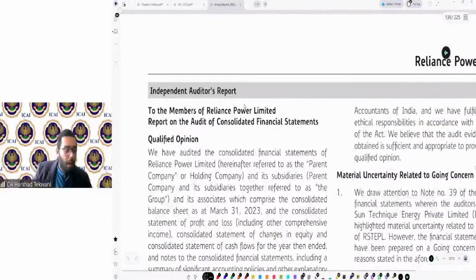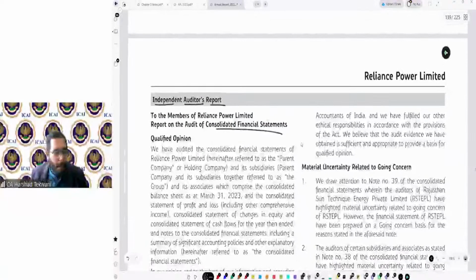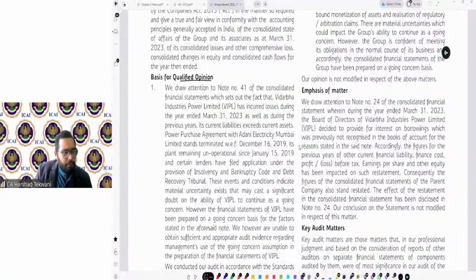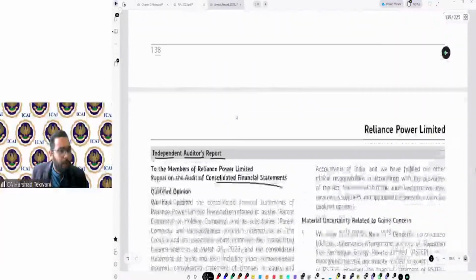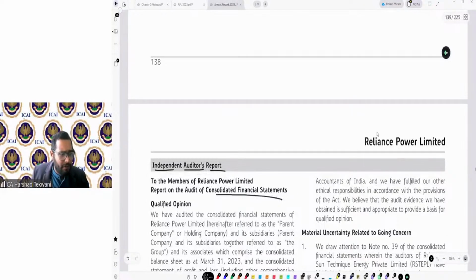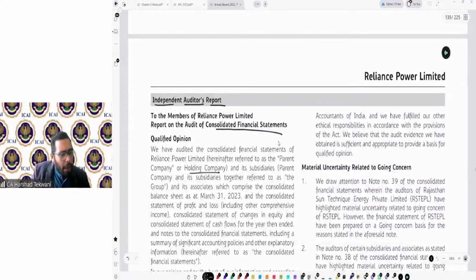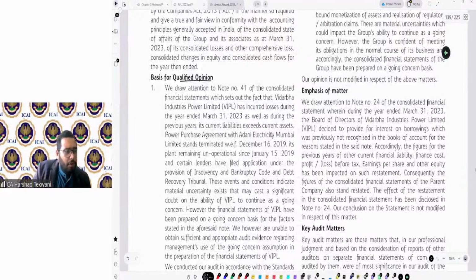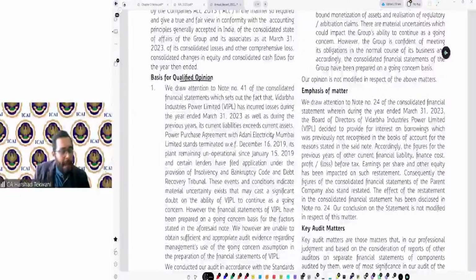Over here, this is the independent audit report on consolidated financial statements. Now see, this is a qualified opinion. This is the audit of Reliance Power Limited. I'm not taking the name for any reason, but this is a holding company. In the audit of the holding company, they have identified an observation in another company, which is a subsidiary.